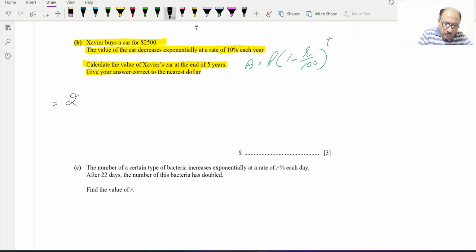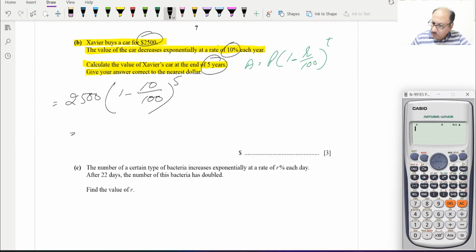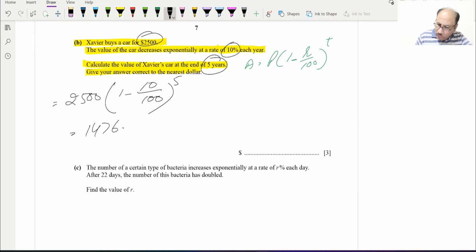So this will be equal to 2,500, which is the invested amount, into 1 minus 10 over 100, raised to the power 5, and this is equal to 1476.225.